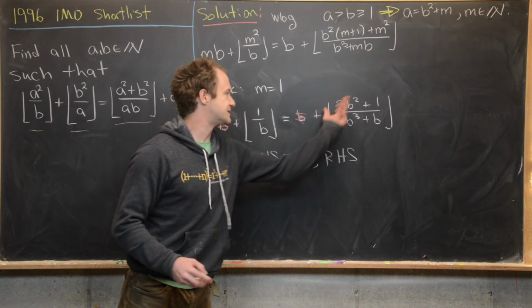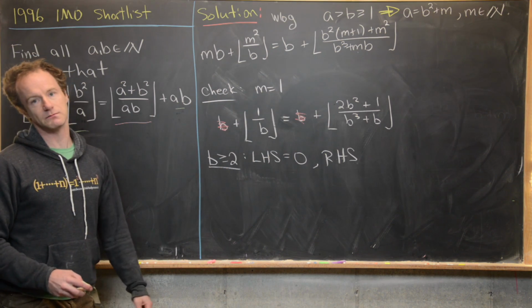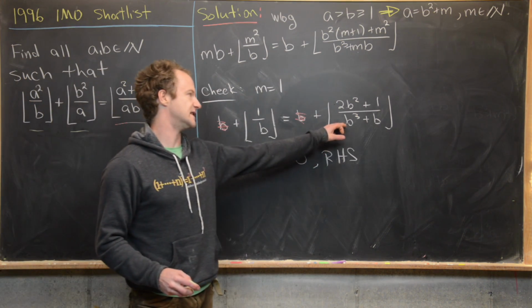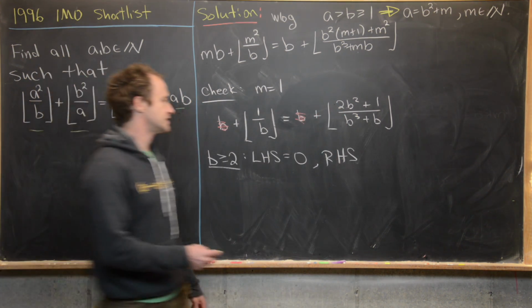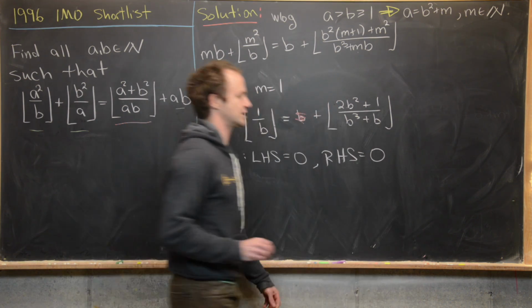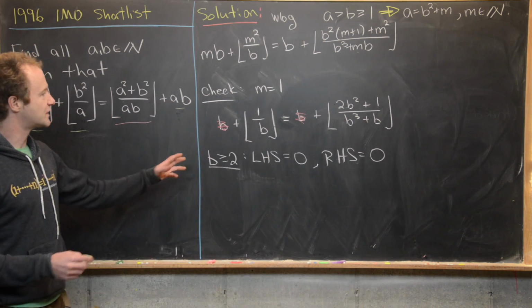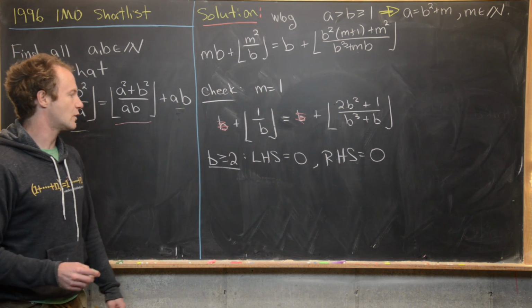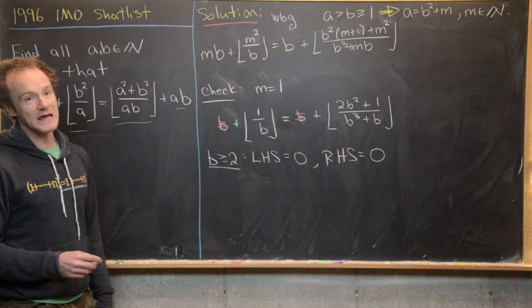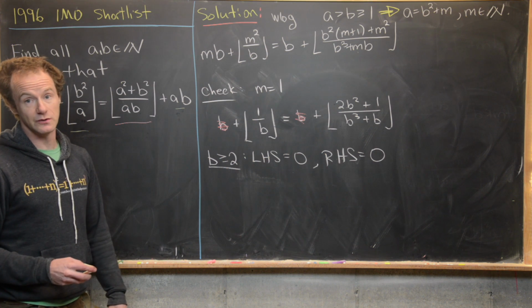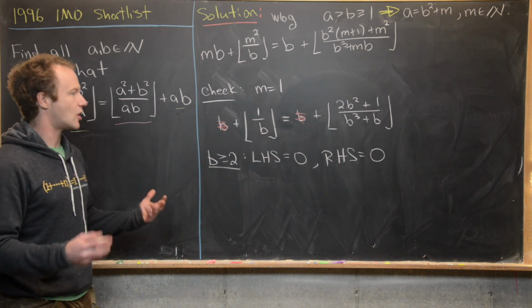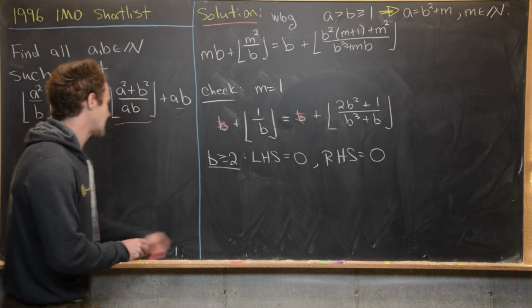And then b is bigger than or equal to 2, so adding b is more than adding 1. So in other words, this denominator is bigger than the numerator, so this right-hand side is also equal to 0. So that's good news. If we've got m equals 1 and b bigger than or equal to 2, then this thing is always a solution.